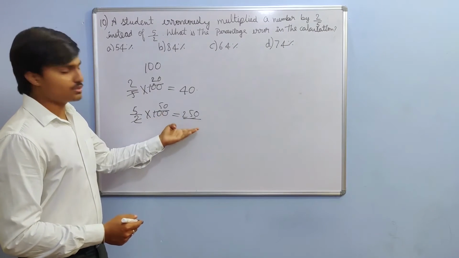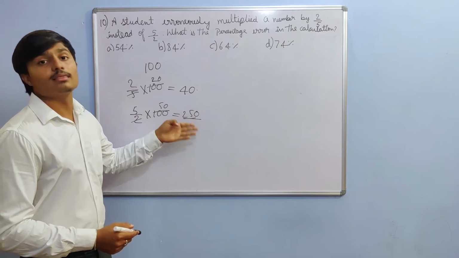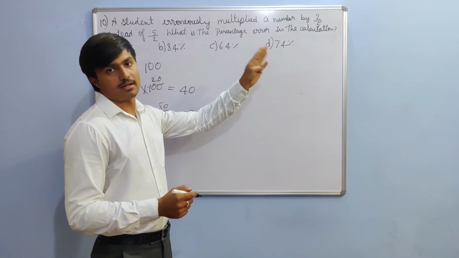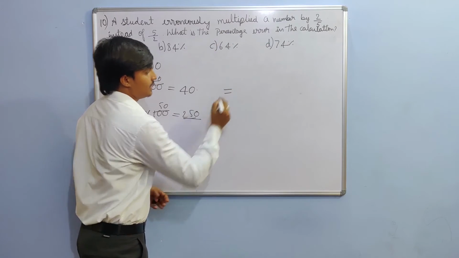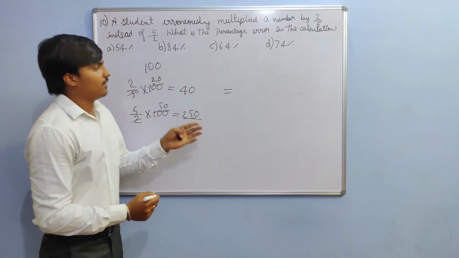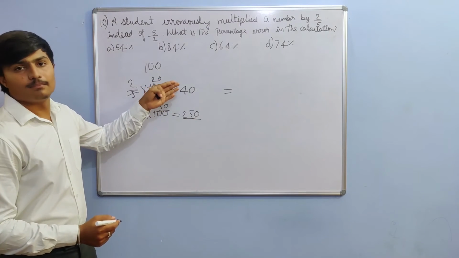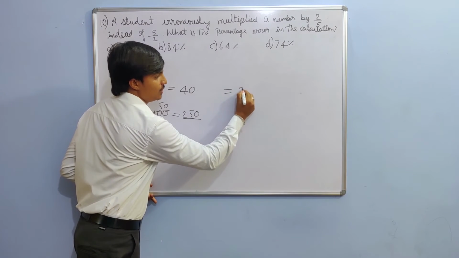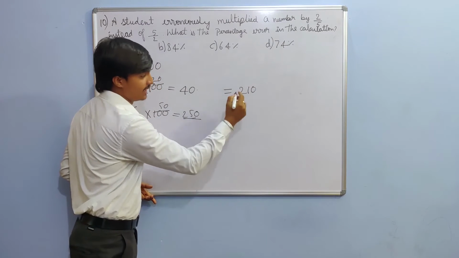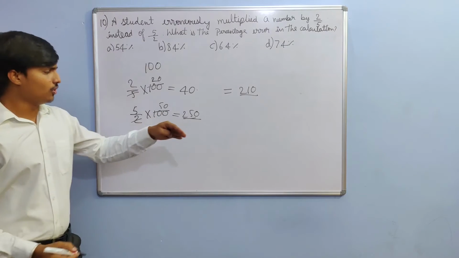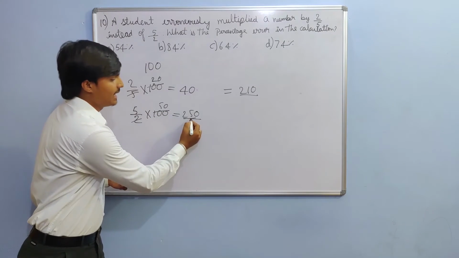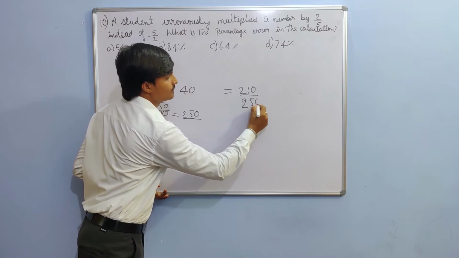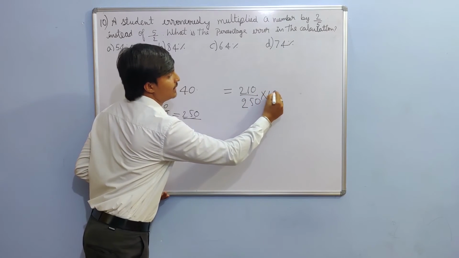Since the correct value is 250, we should consider that as the base, and we need to calculate percentage error, right? So percentage error is equal to, we should take the difference between these two, that is 250 minus 40, which is equal to 210, which comes in the numerator, and the denominator, this correct value, the base value, comes in the denominator, and into 100.